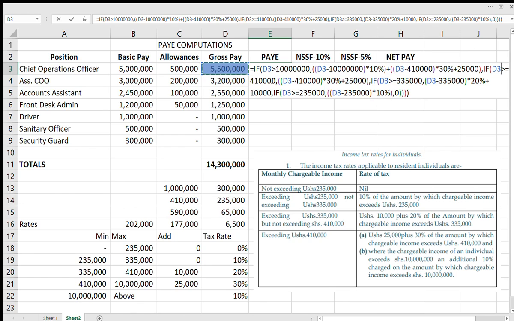It is greater than but also equal to 410,000 shillings. Then we get that D3 amount. We take away the minimum, which is 410,000, and then what we get, we shall multiply it by the rate of 30%. We are on this situation of section A here. We shall multiply it by 30%. But afterwards, we add 25,000 shillings. That's what we have done here.